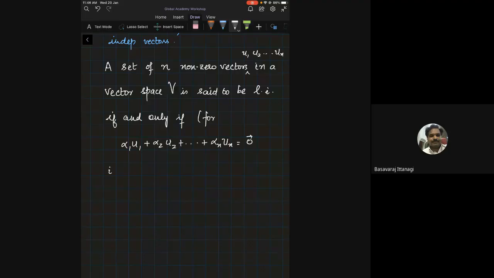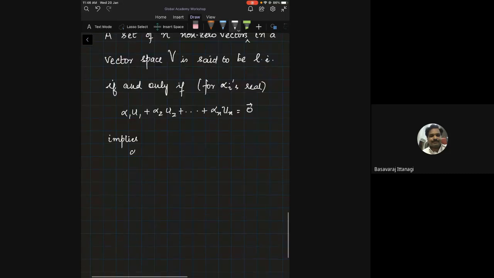for some arbitrary alpha i's, let's say alpha i real, if and only if this equation implies alpha 1, the scalars, are all 0. Alpha 1, alpha 2, etc., equal to alpha n are all identically 0.